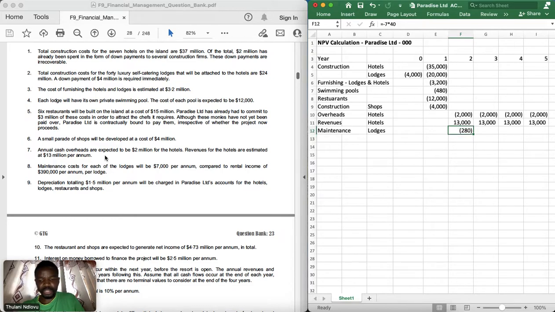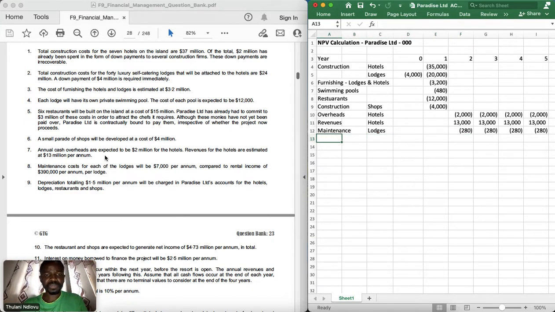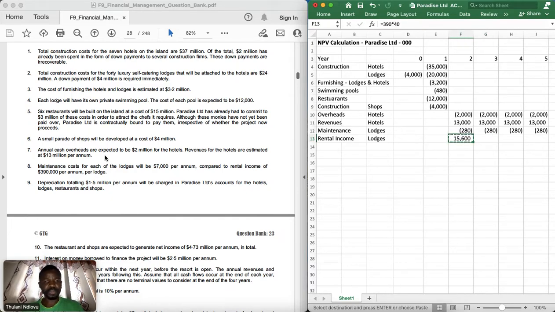So 7 by 40, we get 280 for 4 years. Then rental income for lodges will be 390,000 multiplied by 40 lodges. So it will be 15,600 for 4 years.